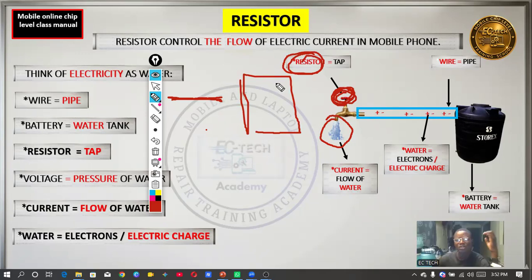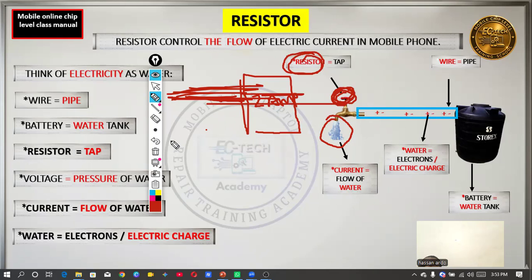The large current flowing, we can't predict it. Maybe the CPU requires 2 amperes to work. If there is no controller, a current larger than 2 amperes will flow inside the CPU. And what will happen? It will damage.